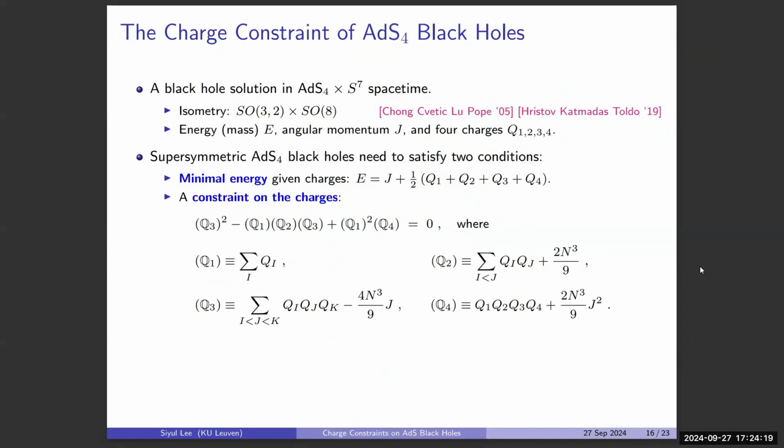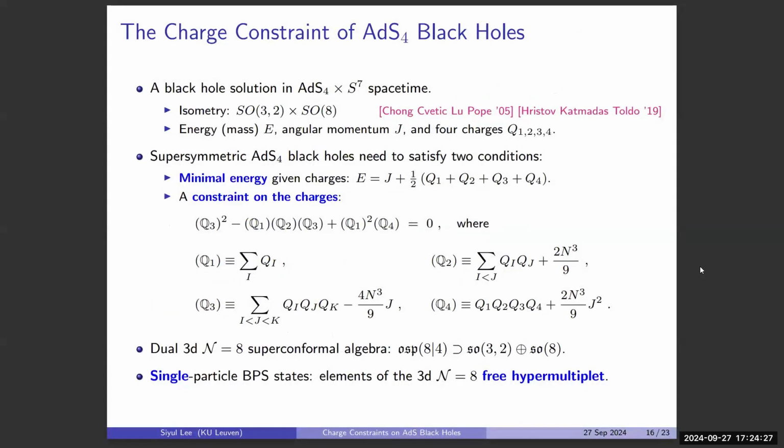For AdS4 black holes, there is a similar charge constraint for the black hole to be supersymmetric, which is even more non-trivial than the AdS5 version because there are now 4 electric charges. But we can derive the same charge constraint from the representation theory by considering the dual CFT's superconformal algebra, which is the 3D N=8 superconformal algebra.